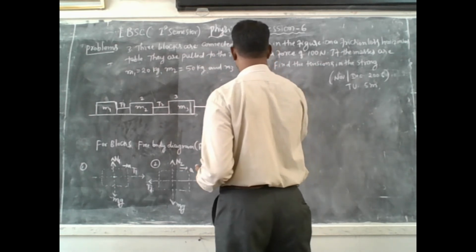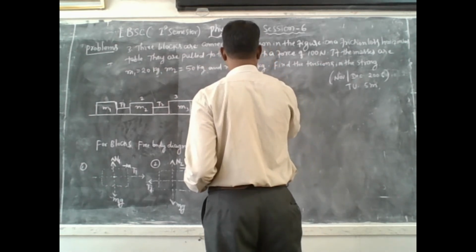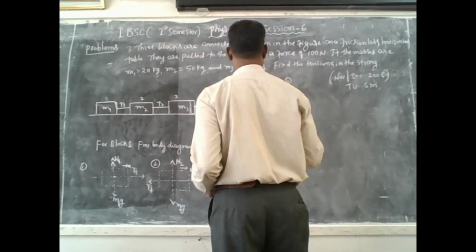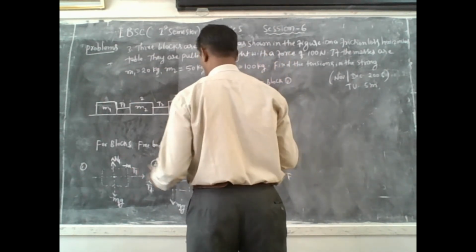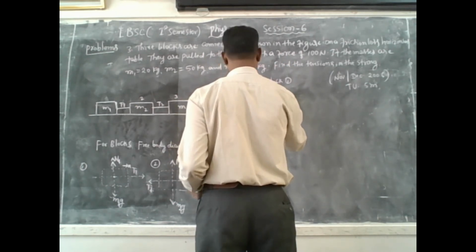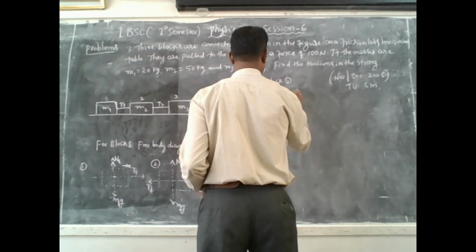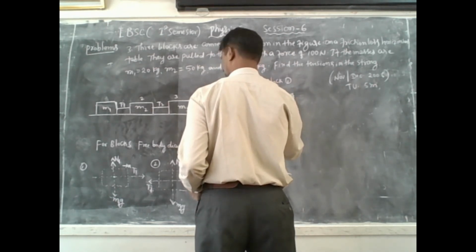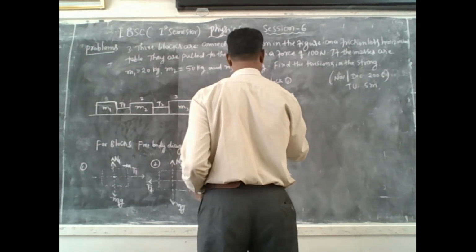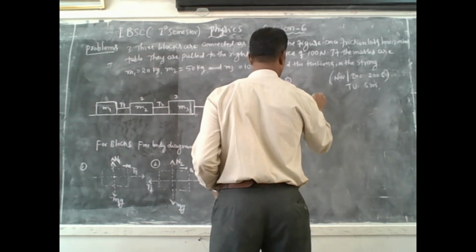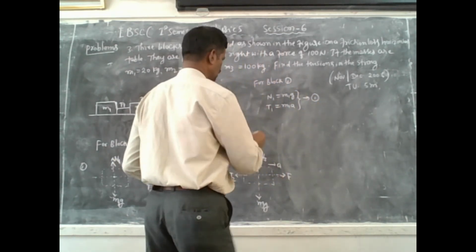Therefore, now for block 1 and FBD, N1 equals M1G and T1 equals M1A. This is equation number 1 for block 1.